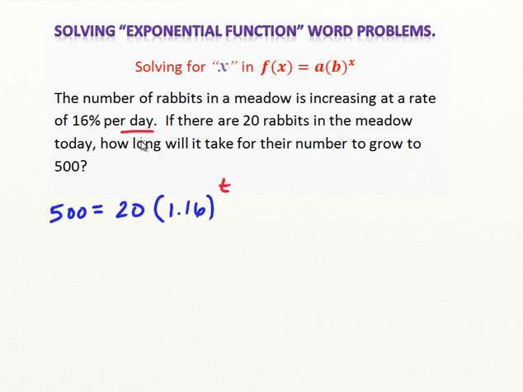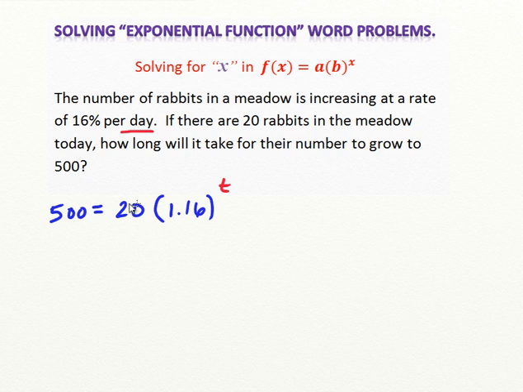There are two ways to do this. One is to guess and check: start putting in values for t, evaluate the right side, and keep shooting for values until you hit something that is 500 right on. But a better way is to use logarithms to get an exact value.